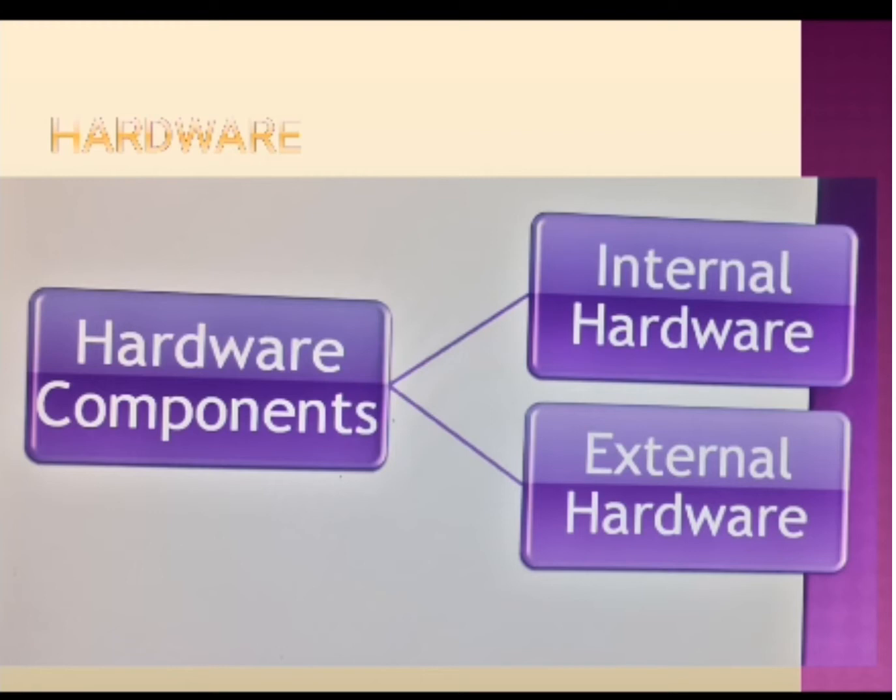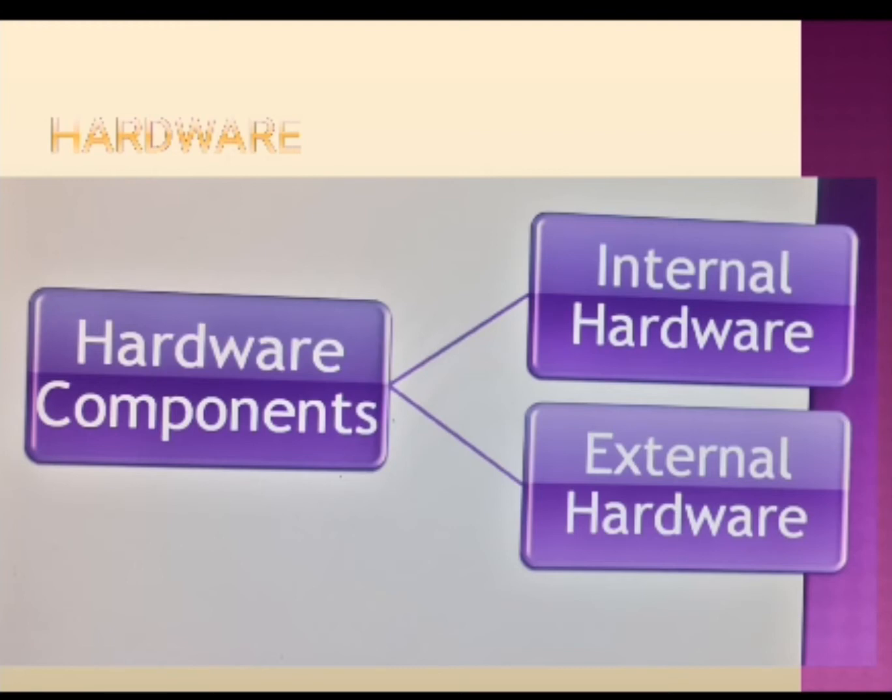Your hardware devices are available in two categories, external components and internal components. The hardware components that are attached outside the computer case or system unit are called external hardware. For example, keyboard, monitor, mouse, printer, scanner, all these are external hardware.